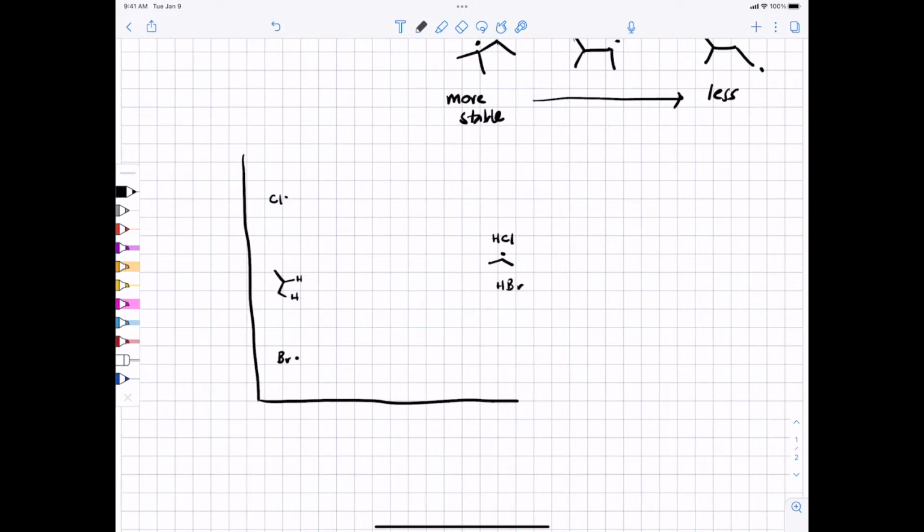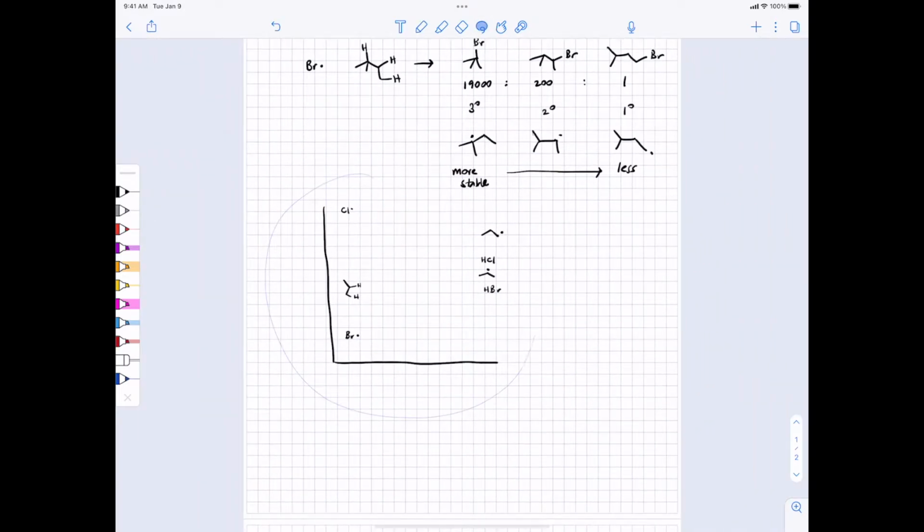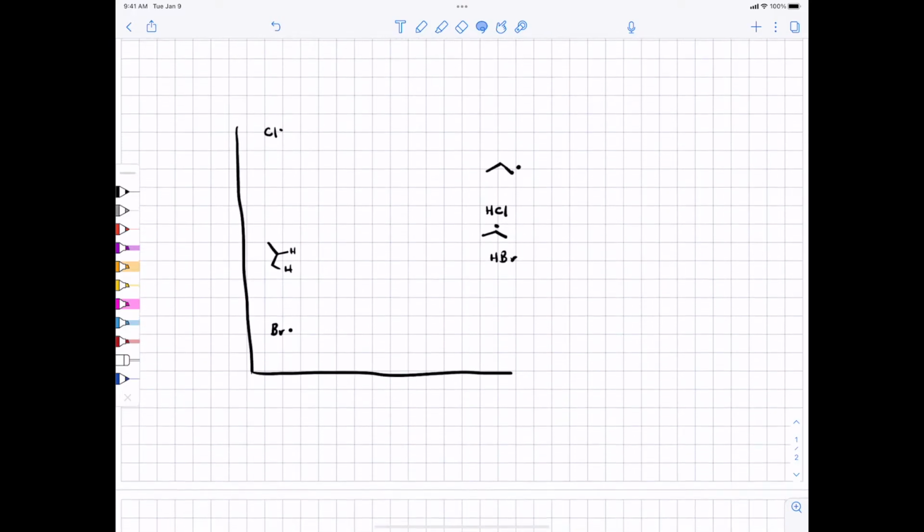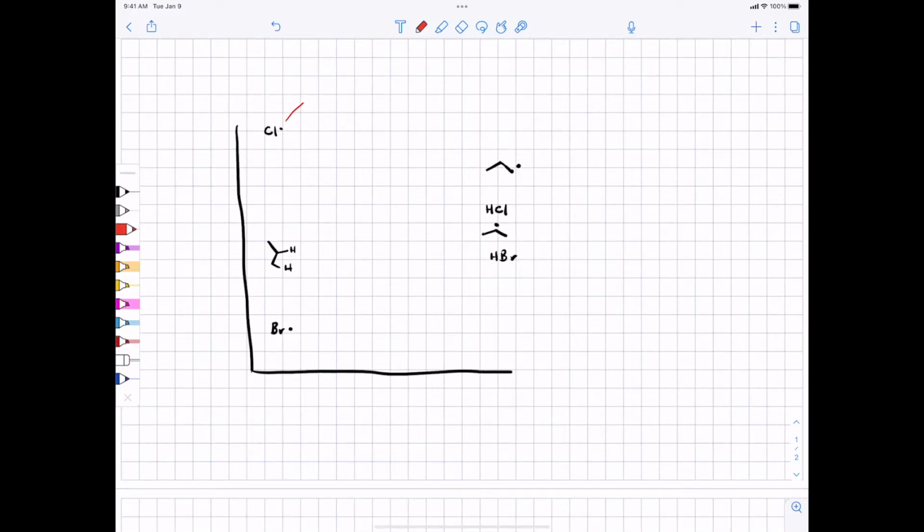And then I suppose there's an alternative product up here, which is the primary radical. We'll maybe move chlorine up a little bit. I'm going to use the color red for the reaction diagram for chlorine going to the secondary product. So there's a transition state, and then there's the secondary product. And to a lesser extent, here's the primary product.